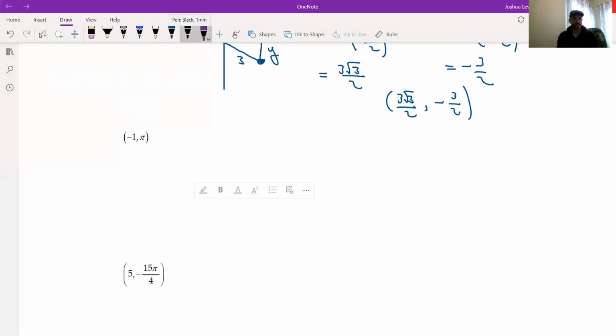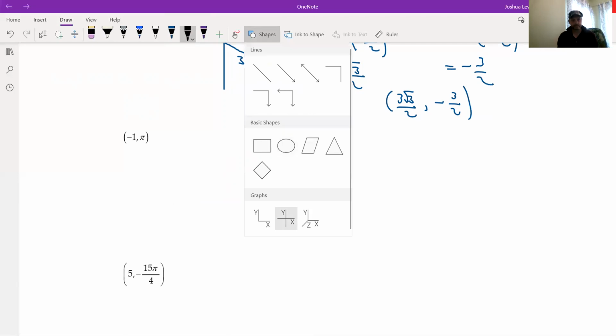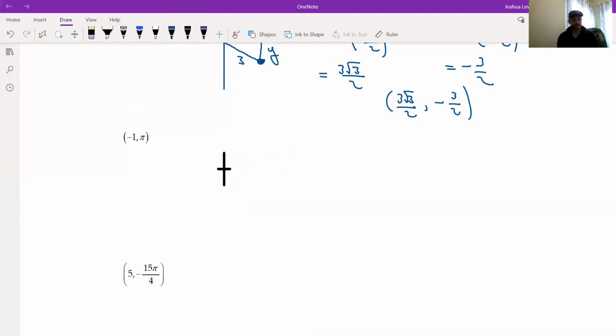Actually, let's... All right. So -1 pi. So -1 is going to be over here. And we will have rotated, right, pi radians. Well, gosh, that's just -1, 0, right?